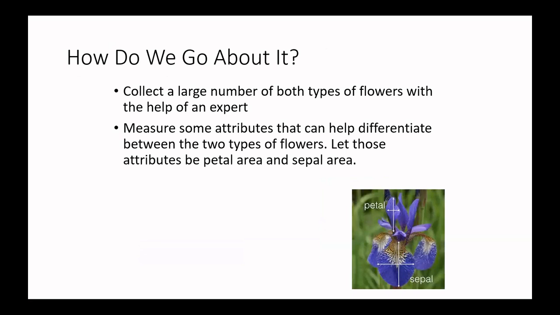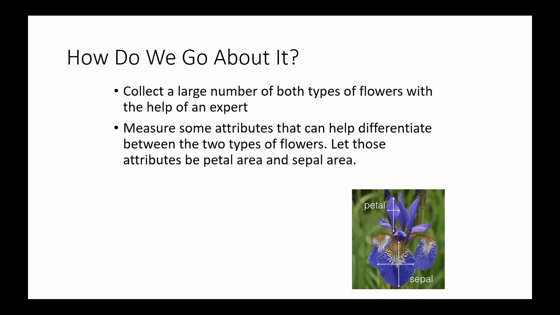In order to do this, the first thing we need to do is to collect a large number of both types of flowers. If you are not capable of making a distinction between these two types of flowers, obviously you will need an expert, somebody who is knowledgeable, who can tell you, okay, this is iris virginica, this is the other kind.